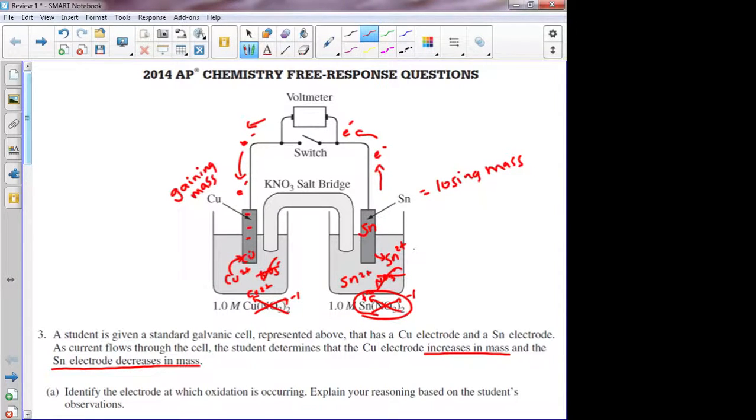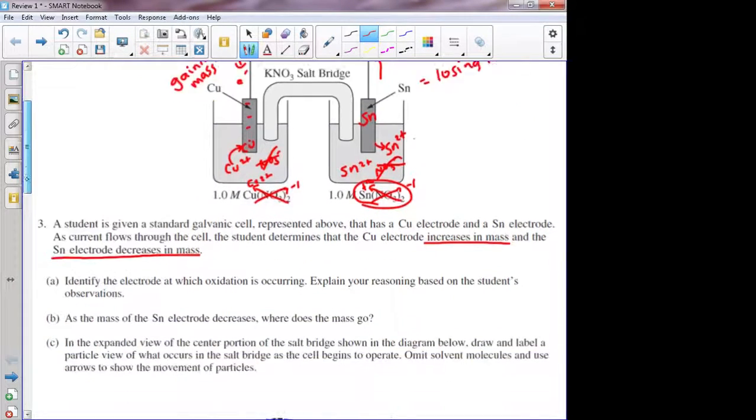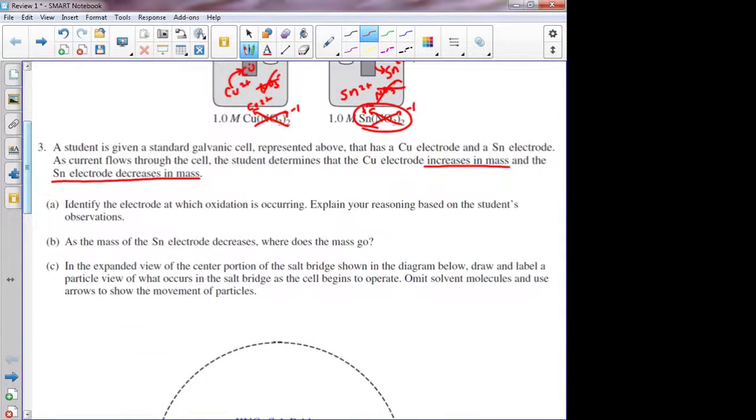So these ions turn into copper, which is why the copper electrode is gaining mass. Does that make sense? Okay. So, A says identify the electrode at which oxidation is occurring: the tin electrode.